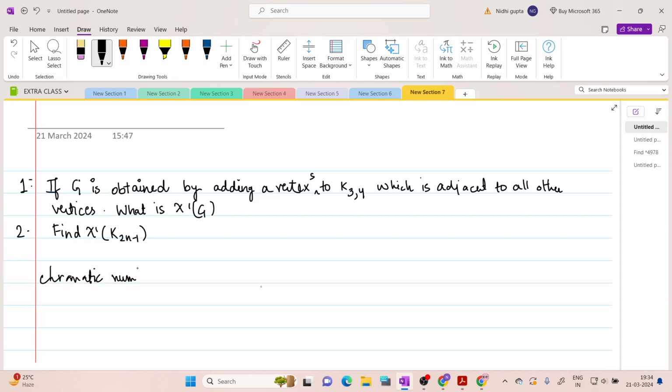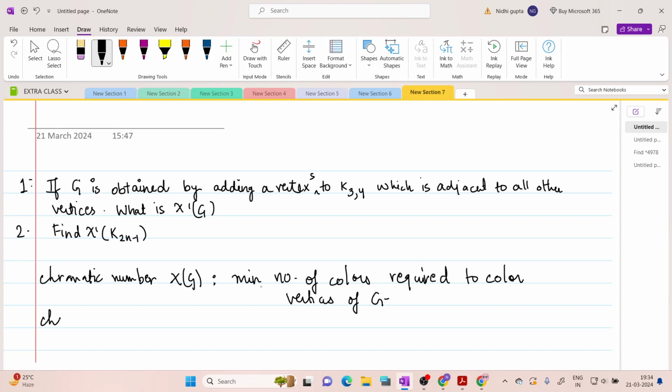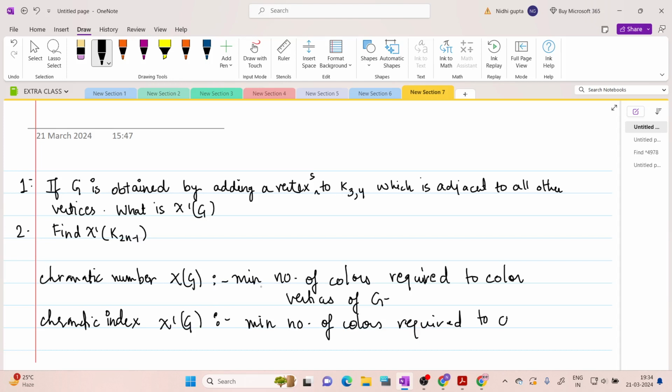The chromatic number, chi of G, is the minimum number of colors required to color the vertices of G. And the chromatic index, chi prime of G, is the minimum number of colors required to color the edges of G.